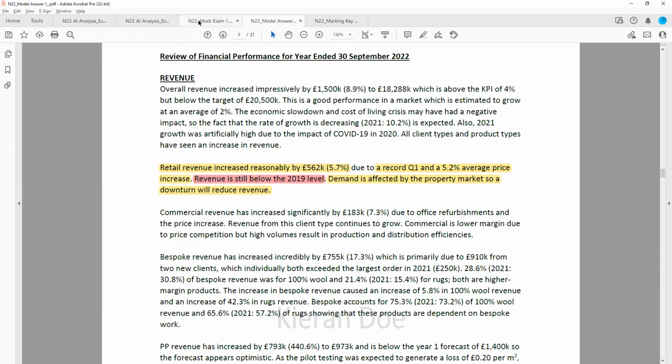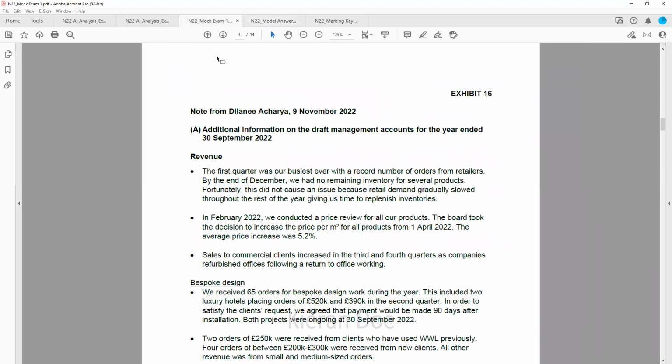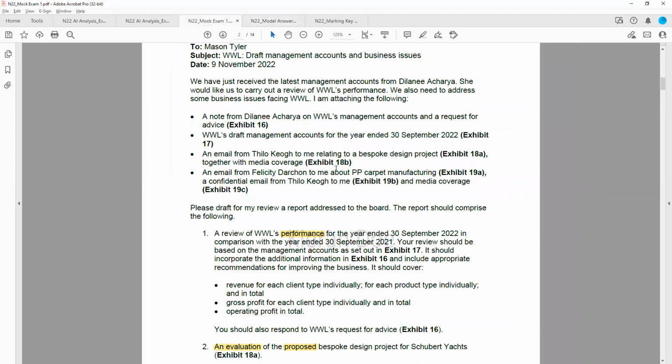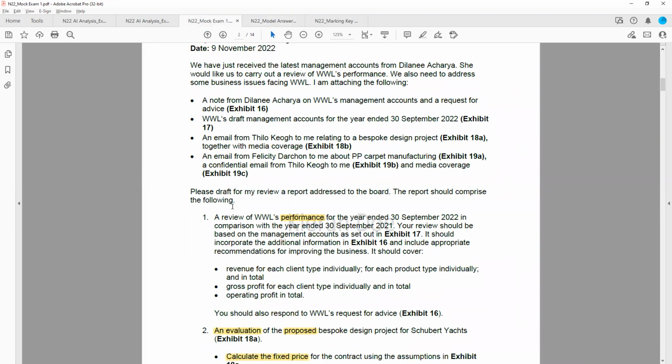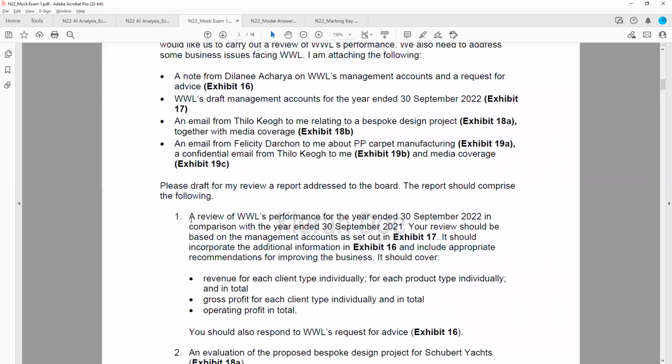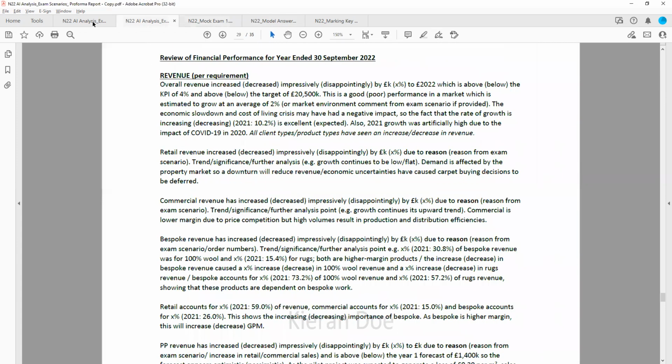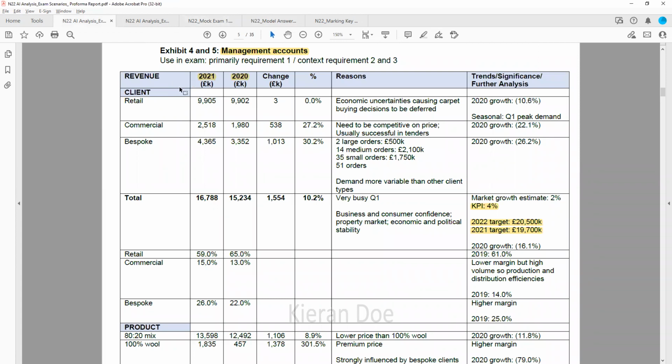So the first part of requirement 1, as I've said, is fairly standard because you've done this type of question before in BST, SPM, and also in some CR questions. So when you look at the requirement, first of all, it's really important that you identify exactly what the requirement is asking for. As I've said, you'd have spent a lot of time analyzing the numbers in the AI.